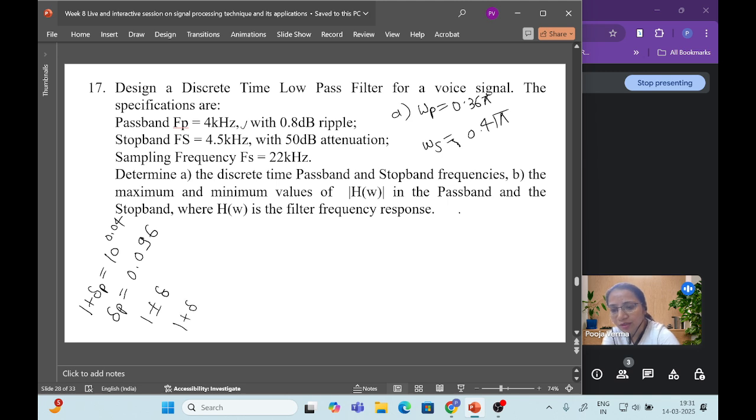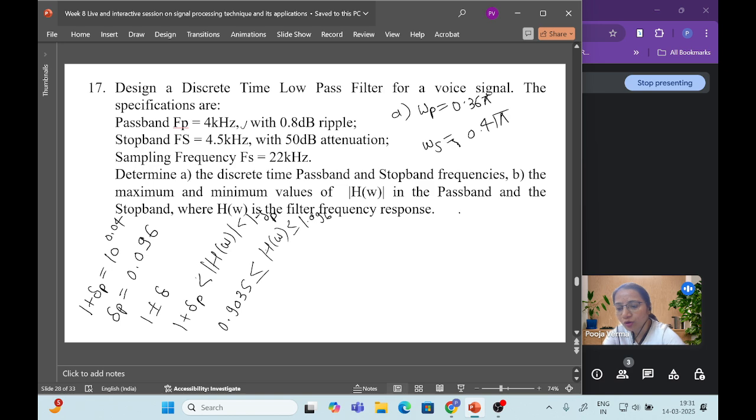So 1 plus del p for h of omega, and 1 minus del p, already you have seen in the first or second slide. So if you calculate it, you will get 0.9035. h of omega will vary from 0.9035 to 1.096. Okay, so that is the pass band.